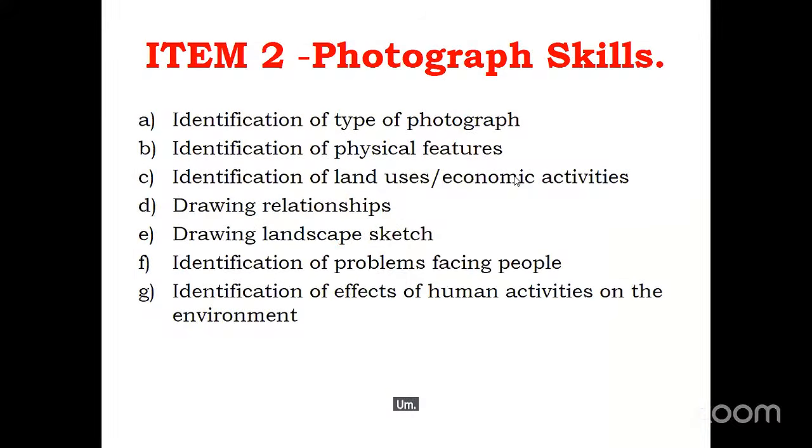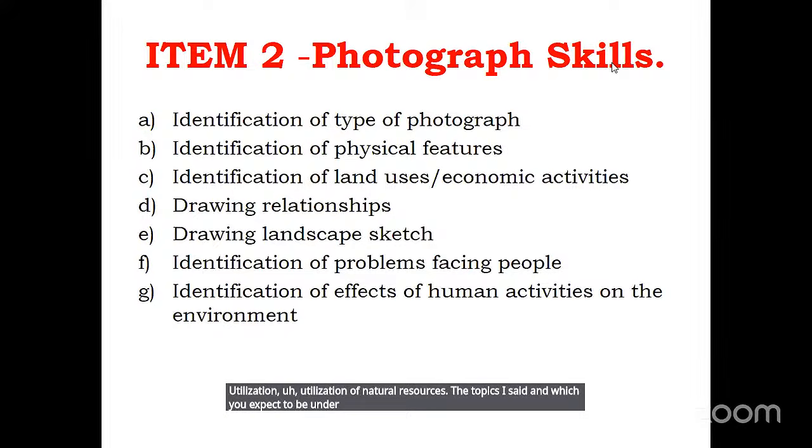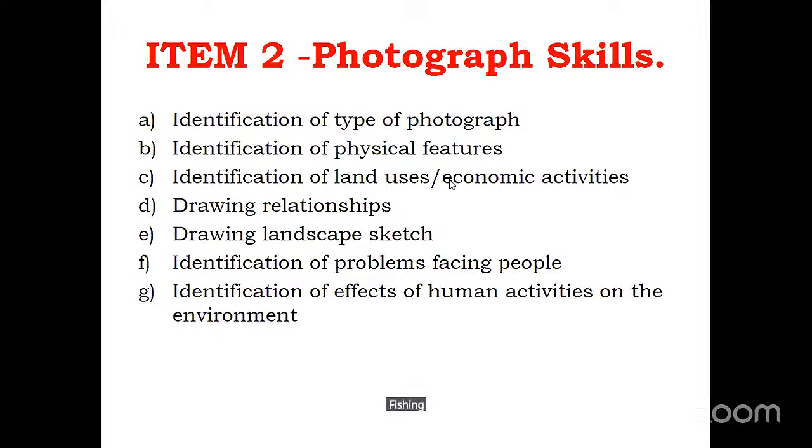Now, item 2. What do we need to know about item 2? First, we need to know which topics fall under item 2. This one deals with utilization of natural resources. The topics under which you expect a photograph are fishing, mining and the manufacturing industries, tourism and wildlife conservation.